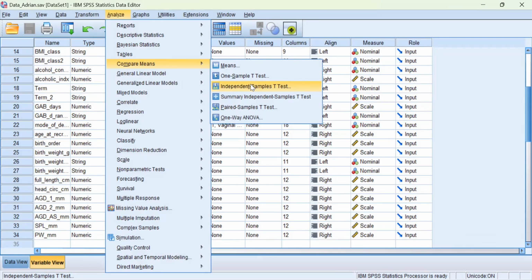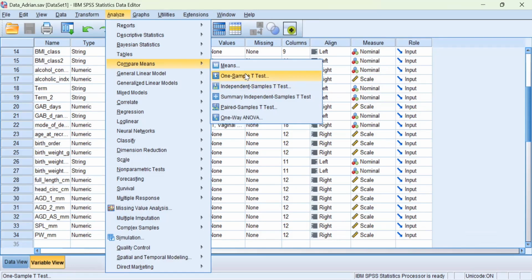Maybe you studied files of children born in a particular hospital. You took their birth weight, just one variable, and you want to see if it is true that the average birth weight is 3 kg. That's when you use the one sample t-test.